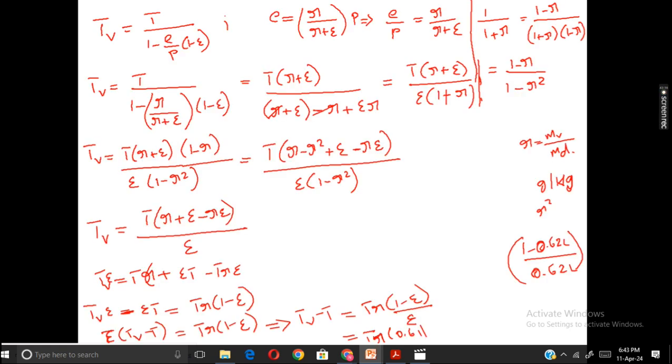Yeah, so we reach TV is equal to T, and then 0.61 TR, not TV minus T. TV minus T is equal to 0.61 TR.